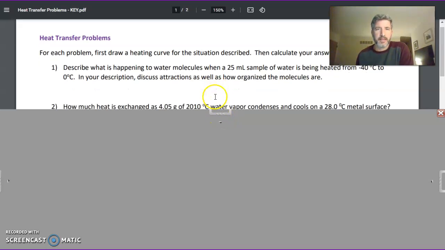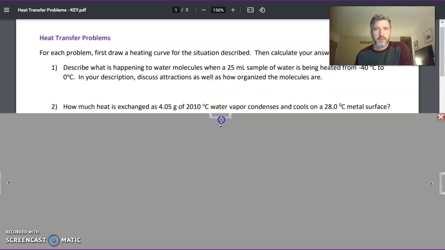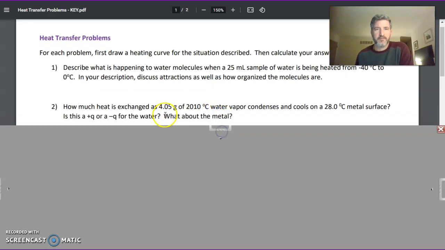Okay, then we get into our first calculation. So this one, we have water, 4.05 grams of it, cooling way down from 2010 degrees and condensing on a 28-degree metal surface. So we have to assume the final temperature of the water is 28 degrees.